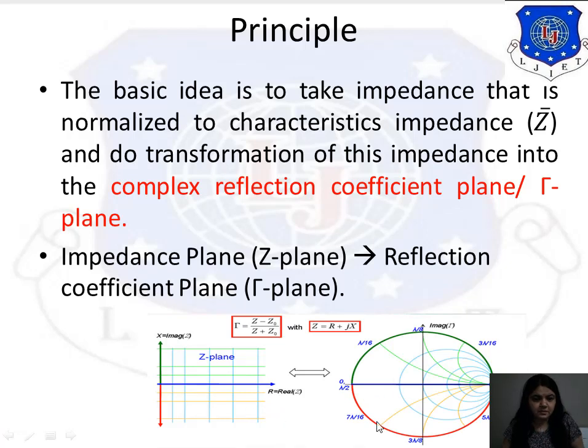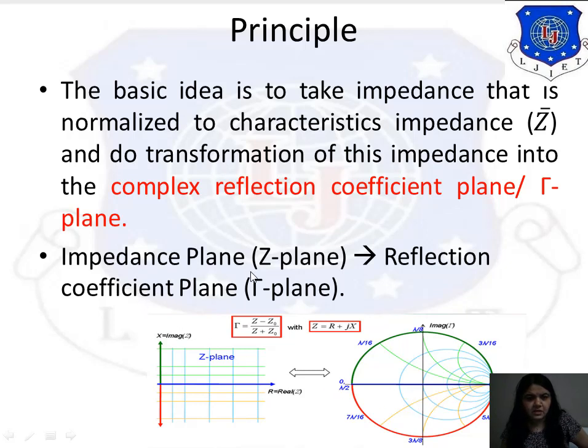So this is the diagram of what? It's a Smith chart. Here you can see the different curves that are shown to us: the circle for the SWR, the reactance circle, and the resistance circle.